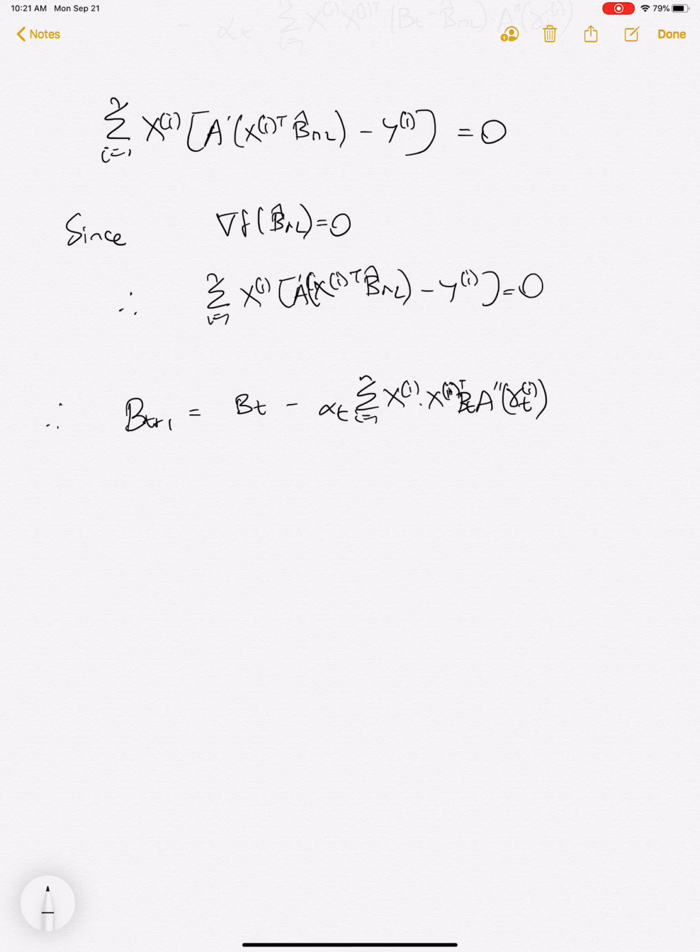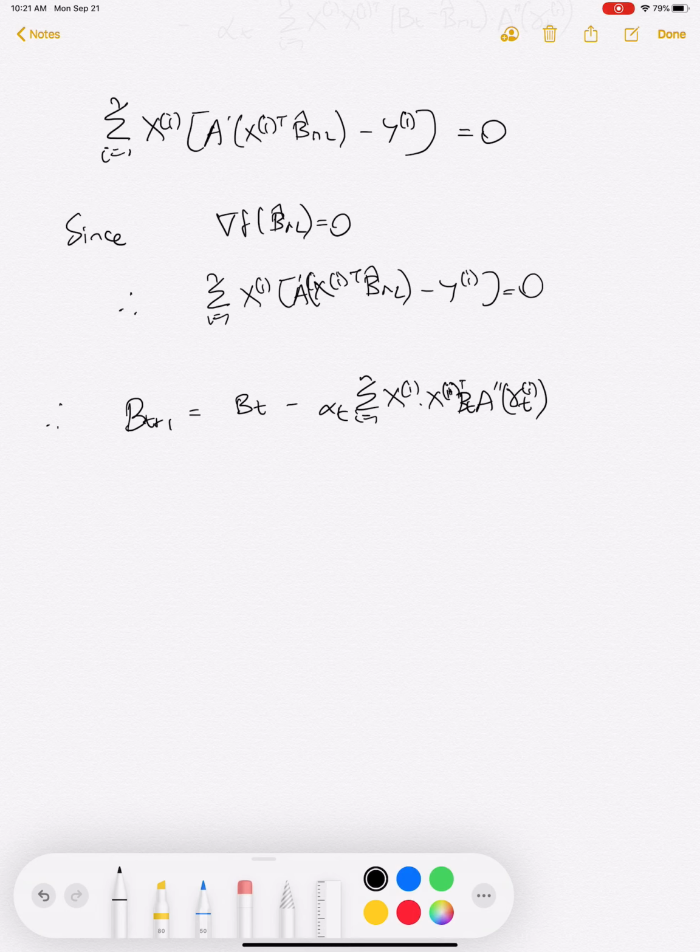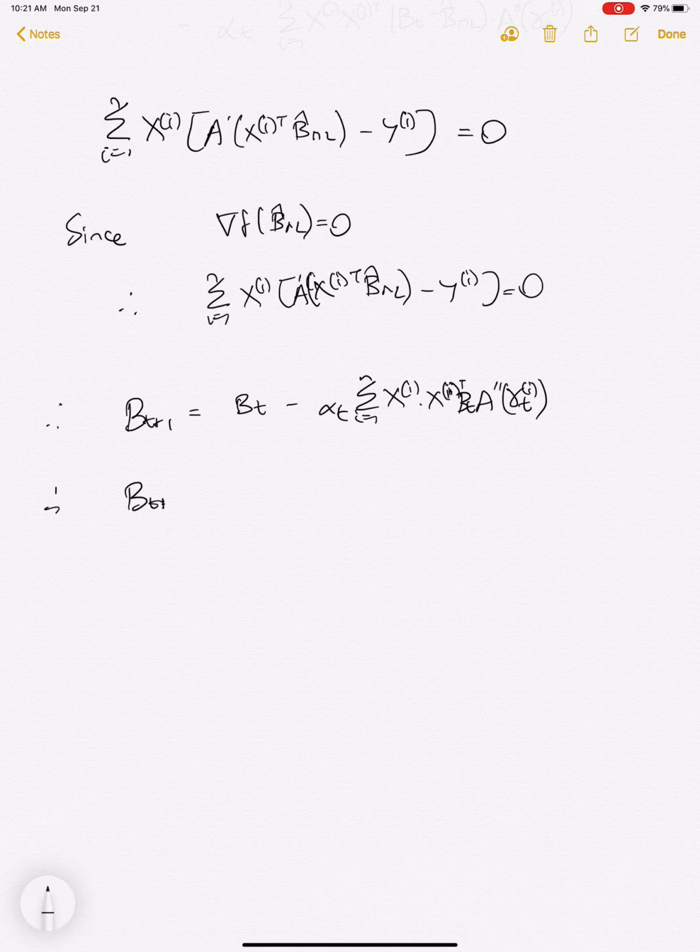Okay, or let me write it out. It's always important to check that the dimensions match up when you're doing these kinds of analyses. And that's indeed the case. x i is p-dimensional, and so when you multiply this out, you're going to get exactly a p-dimensional vector.